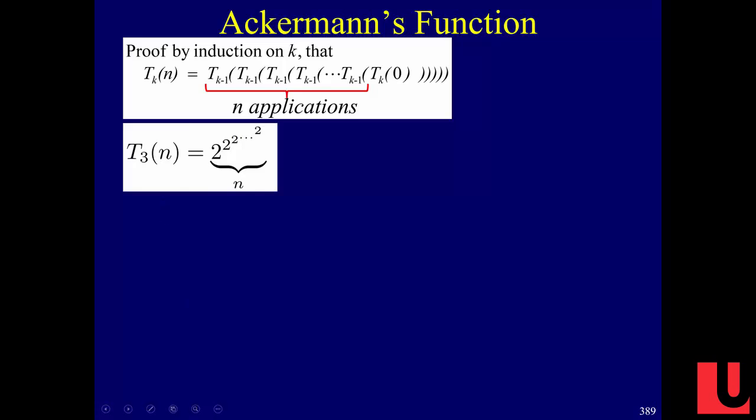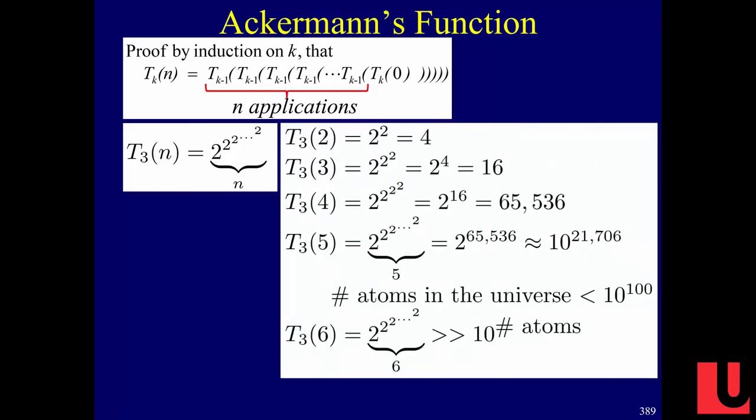All right, so let's focus on 3. Here I put them all together. What's T2? Well, it's a stack 2 high, which is 4. And what's T3? It's a stack 3 high, which is 2 to the previous answer. So 2 to the 4 is 16.